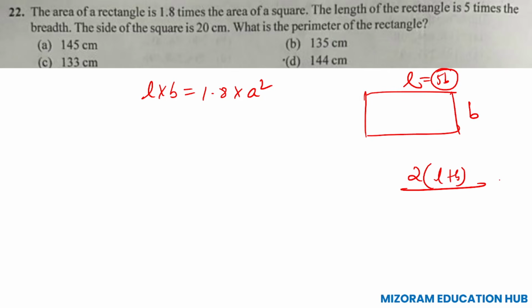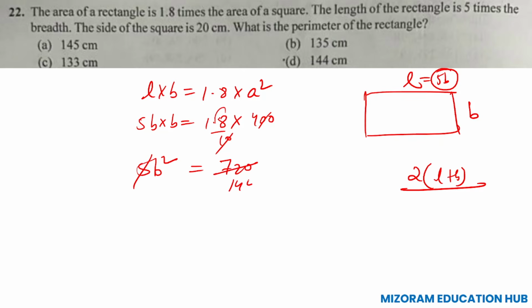To find the perimeter, we need the length and the breadth. So 5b into b is 1.8 times the side of the square, and the side is given as 20. So 20 squared is 400. Removing the decimal, 10 by 10, so 18 into 40 is 720. And 5b squared, cancel 5, gives 144.